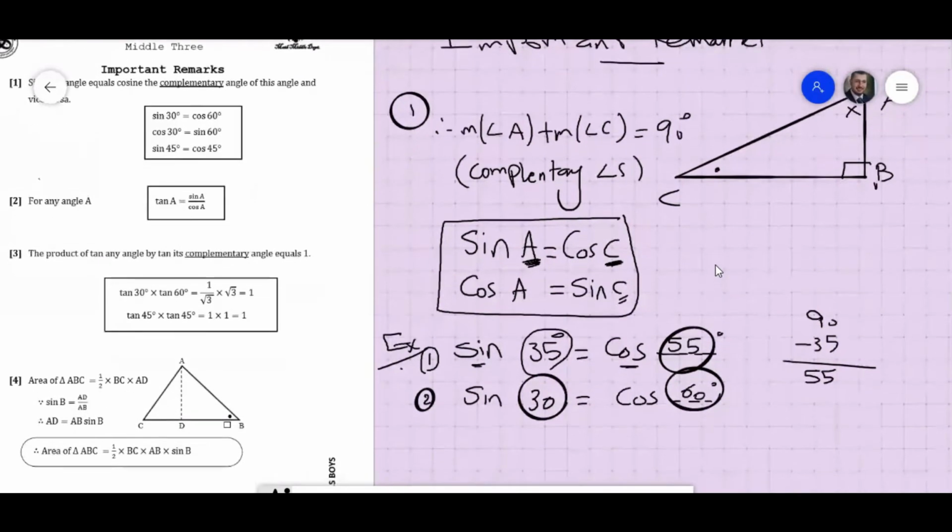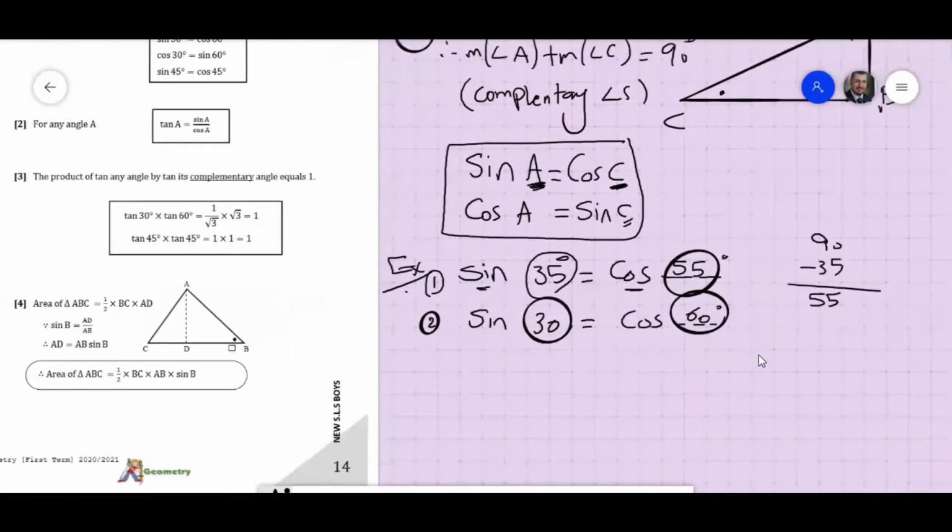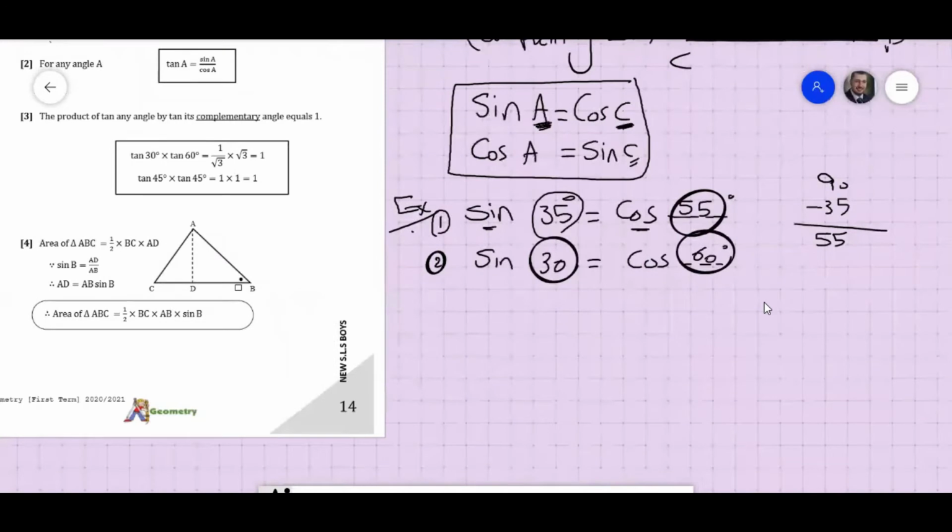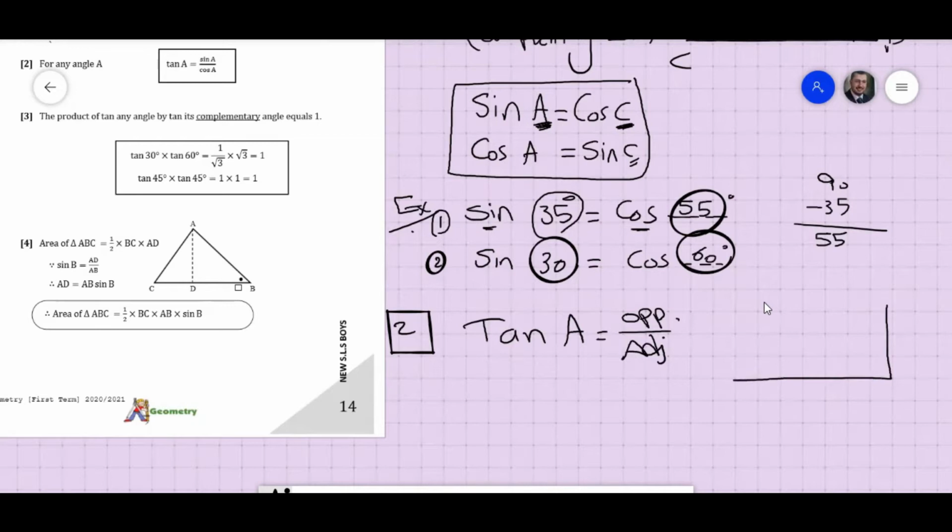You understand? Okay. The second one, which we have on page 14, is another rule for the tan. We have studied before tan angle A equals opposite over adjacent, right? If I give you this triangle A, B, C, right angle at B, and this side 3, and BC is 4, and AC will be 5.